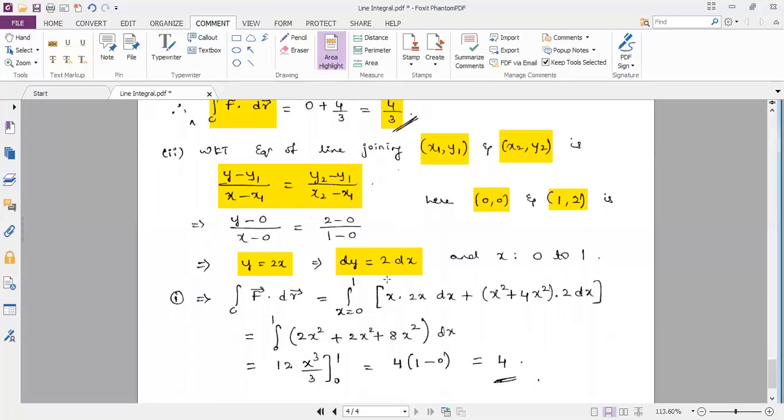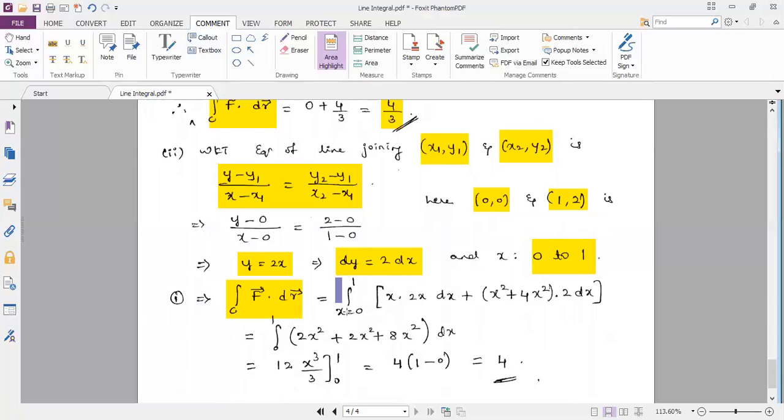And we also observe that x is varying from 0 to 1. Looking at the points 0 comma 0 and 1 comma 2 itself, we can observe that x varies from 0 to 1.